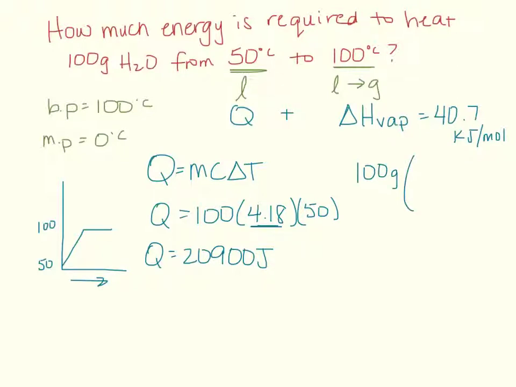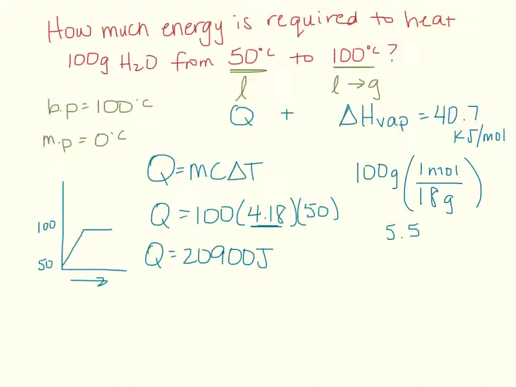So I do my conversion, 100 grams, and I get 18 on the bottom because I find my molecular mass of water, and I know that the molecular mass of oxygen is 16 plus hydrogen is 1. I have 2 hydrogens, so 16 plus 2, and I get 18 grams over 1 mole. So 100 divided by 18 equals 5.5555 repeating.